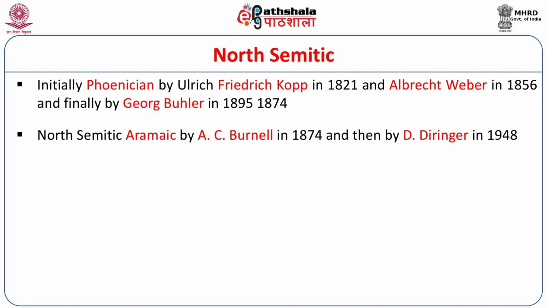And finally, at the end of the 19th century, George Bühler, one of the pioneering scholars of Indian paleography, wrote his famous On the Origin of the Indian Brahma Alphabet, and he criticized severely the South Semitic origin of the Brahmi script and suggested that Phoenician should be the actual alternative. But here again, the problem lies in the fact that none of these scholars could provide a complete comparative list of the letters in Phoenician and Brahmi.